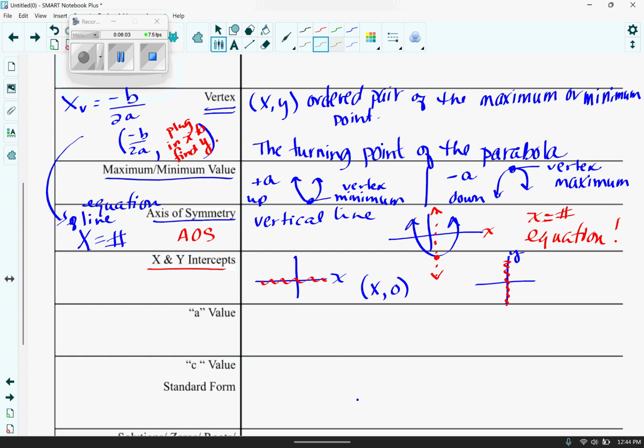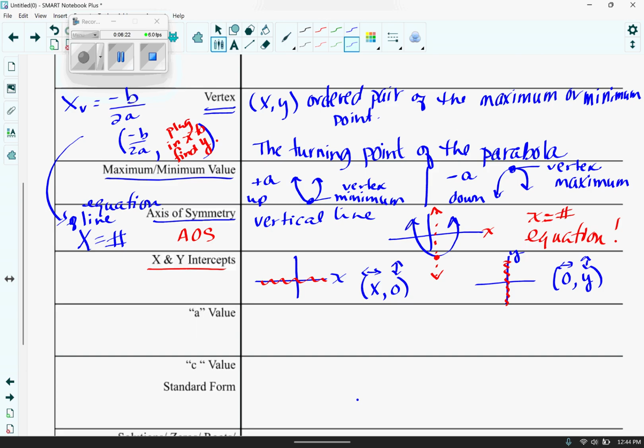And to cross that line, the x value is going to be 0 because I went across 0, but I went up or down something, the y value. So the x is across, the y is up or down.